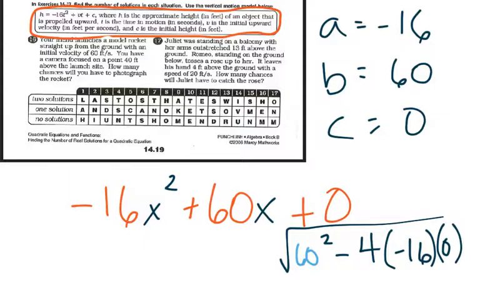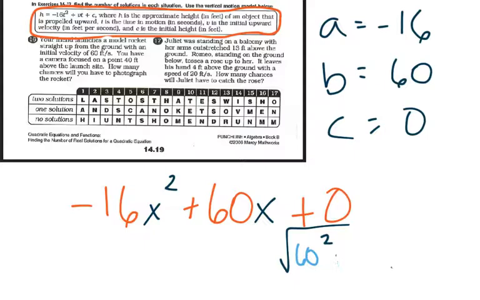So all of this is going to go to 0. Because when you multiply anything times 0, it becomes 0. So what really happens is you just get 60 squared. Well, which is 3,600, by the way, but we don't really even care what it is. We're only looking, is it positive, is it negative, or is it 0? And it's a positive number. So this would be 2 real solutions.